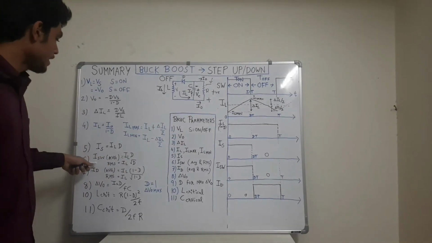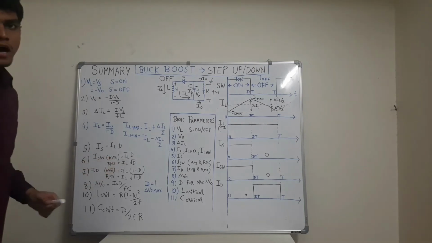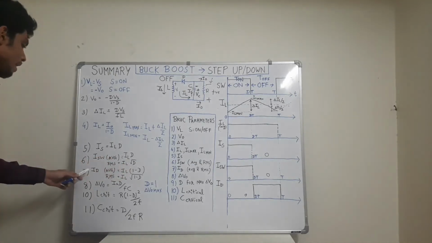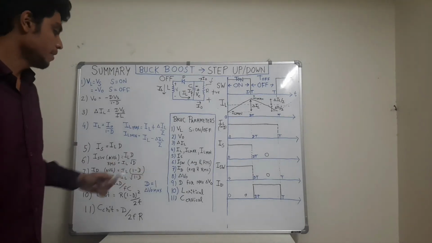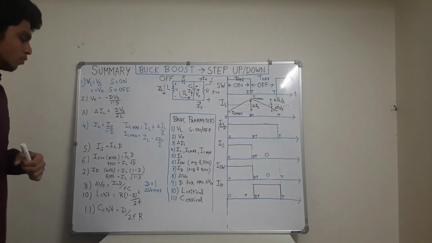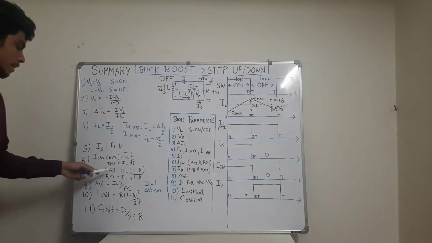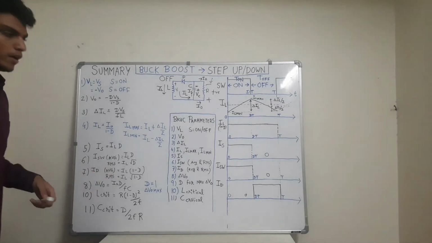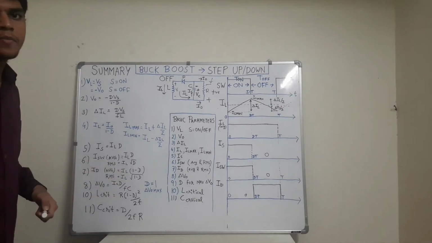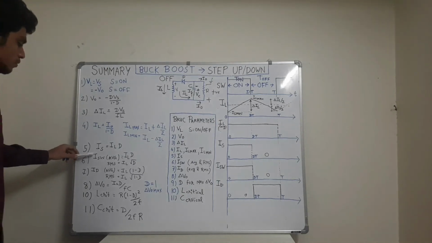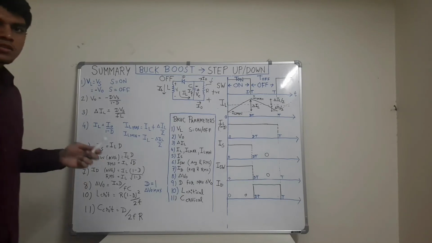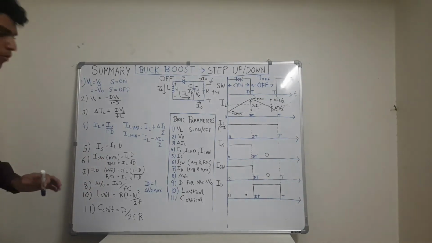Sixth thing was the ISW, that is switch current, average value IL into D, RMS value is equal to IL into root D. ID, that is the diode current, the seventh parameter, is similar to what was derived in the boost and buck converter: average value is equal to IL into 1 minus D, and RMS value is equal to IL into root of 1 minus D. Both parameters, switch current and diode current, both average and RMS value, are similar for buck, boost and buck boost converters.